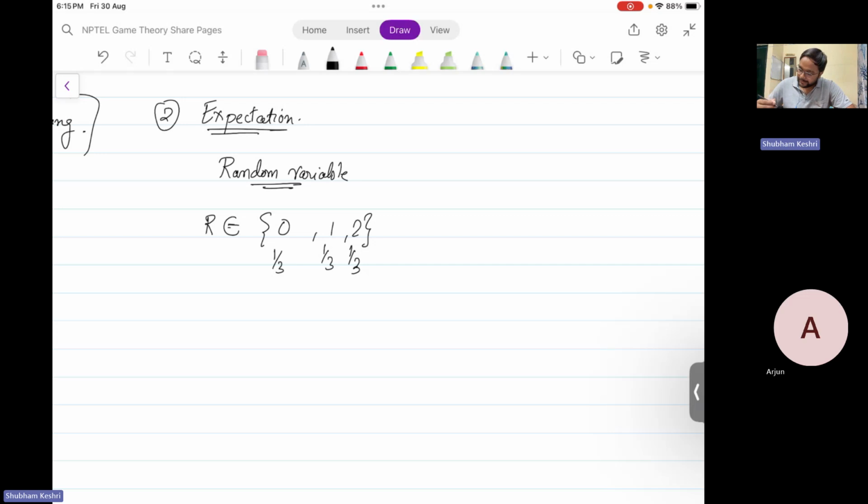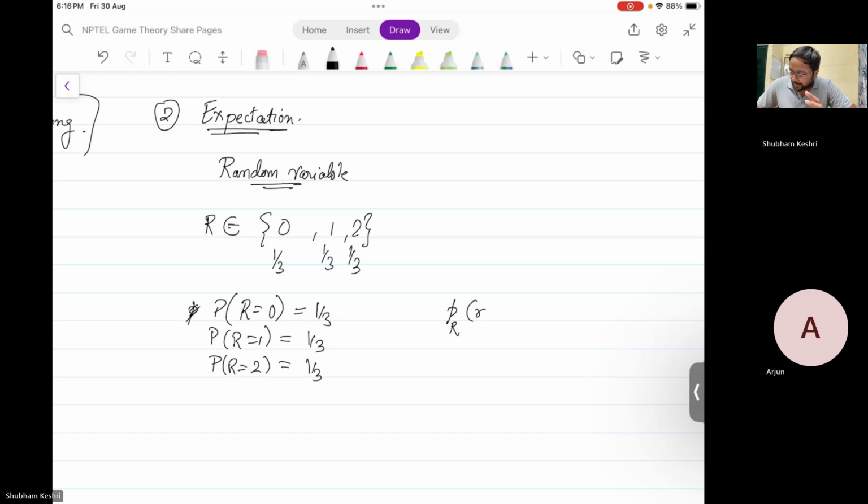So the probability mass function, given by capital P, probability R equals 0 is 1/3, R equals 1 is 1/3, and R equals 2 is 1/3. This is known as the probability mass function. It says the probability that capital R takes a value of small r, where capital R denotes a random variable and small r is the particular value it is taking.